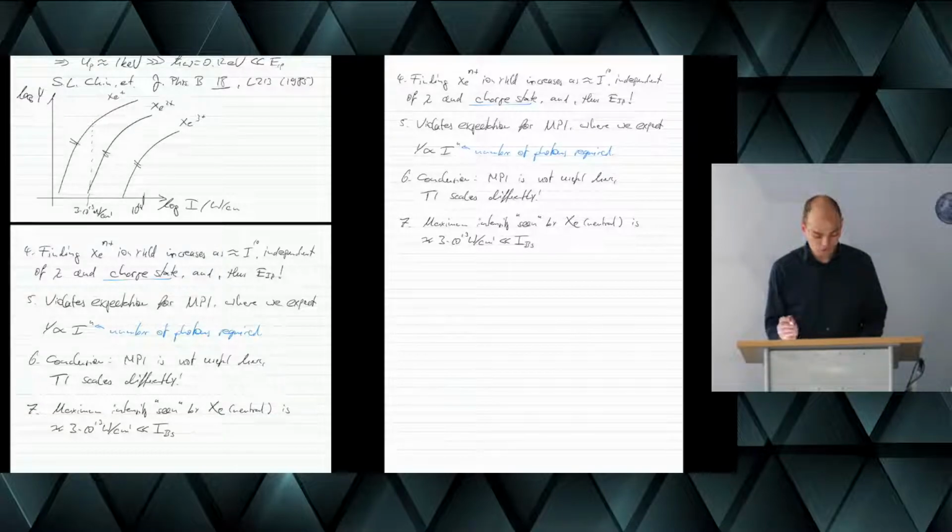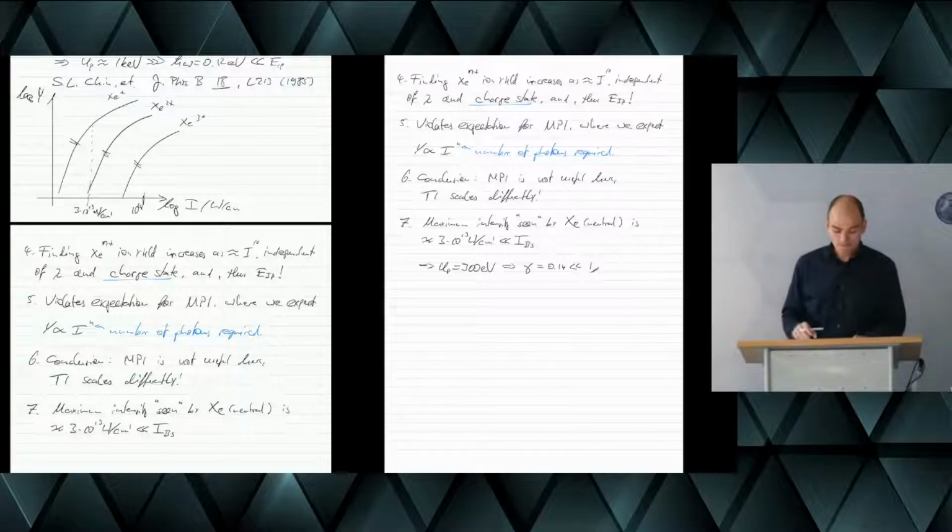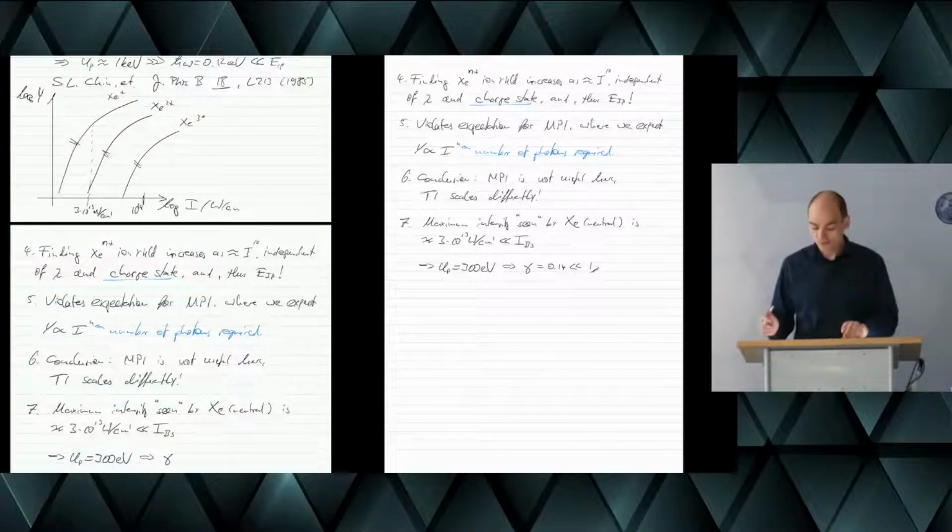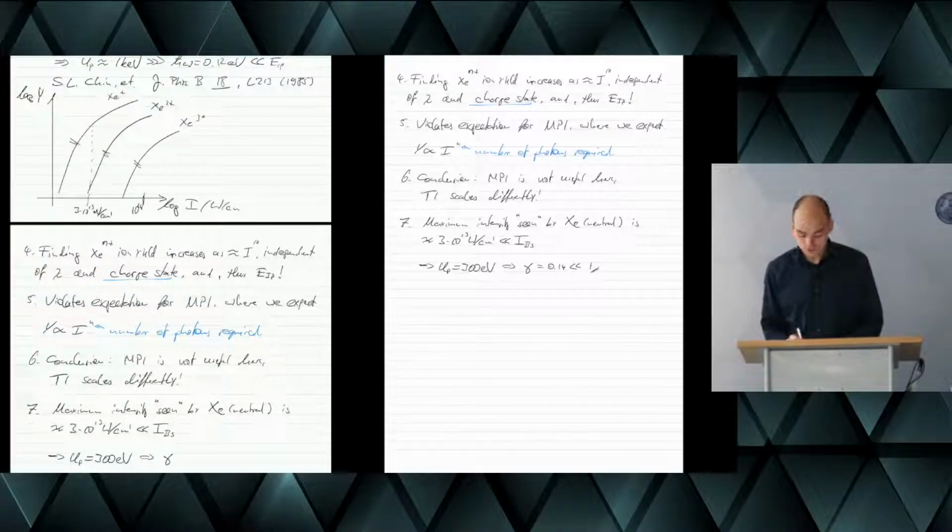There we have Up equals 300 electron volts roughly, and from this it follows that gamma equals 0.14, which is still much smaller than 1. And so these pretty much ideal conditions for tunnel ionization have remained unmatched.